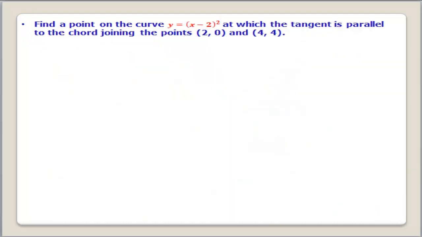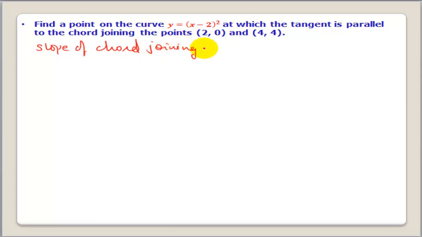Now taking another one. It says find a point on this curve at which the tangent is parallel to the chord joining these 2 points. Let us first find the slope of the chord joining the given points.